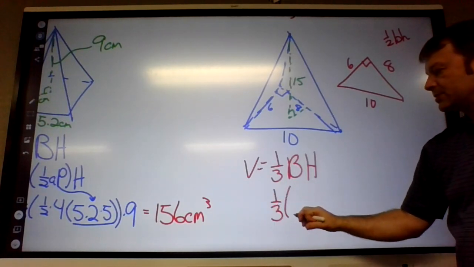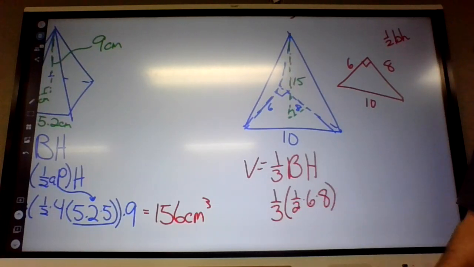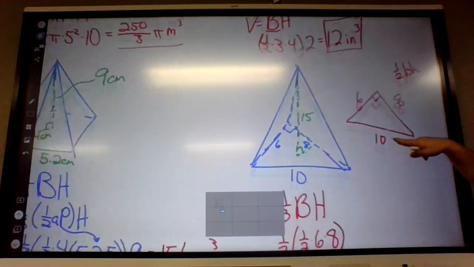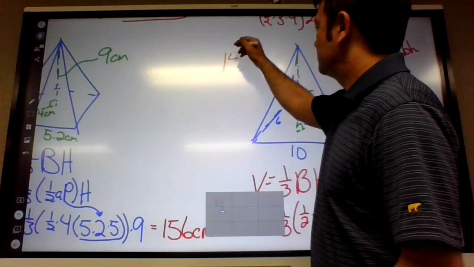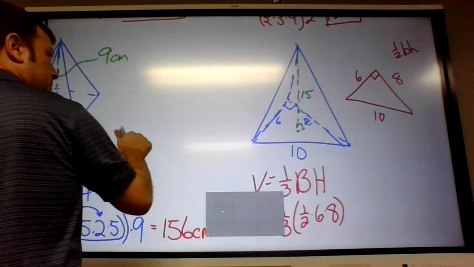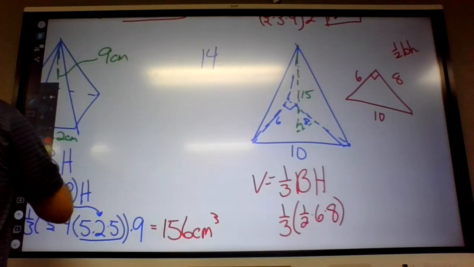So it's 1/2 times 6 times 8 for the base area. It's kind of like a couple problems ago, number 14. But this is a pyramid instead of a prism.